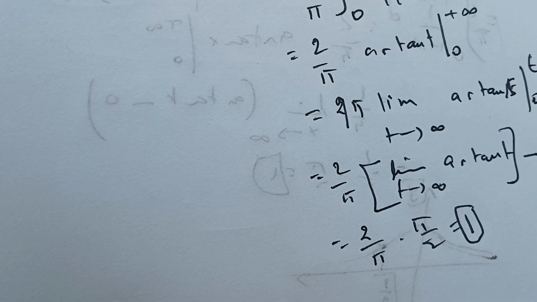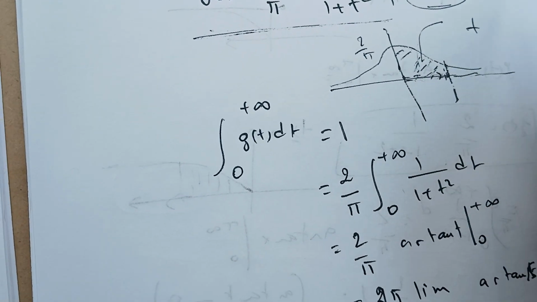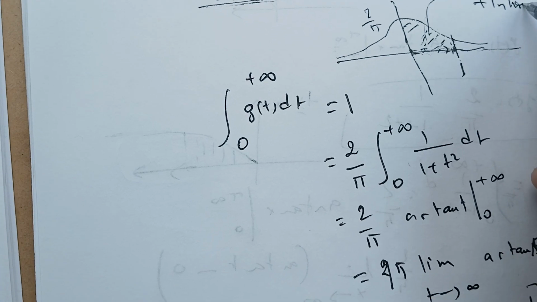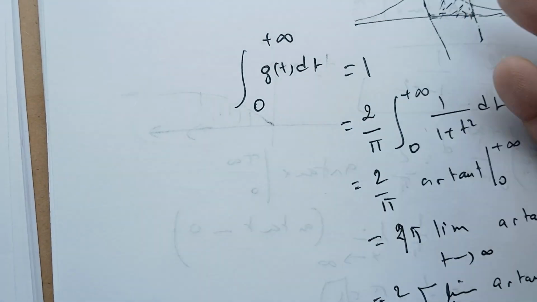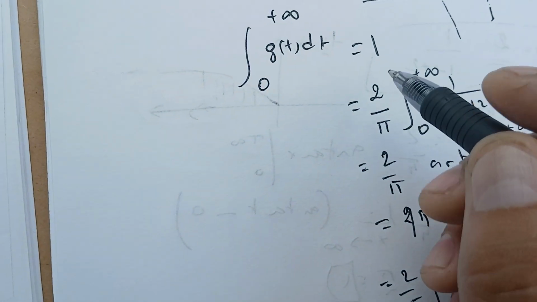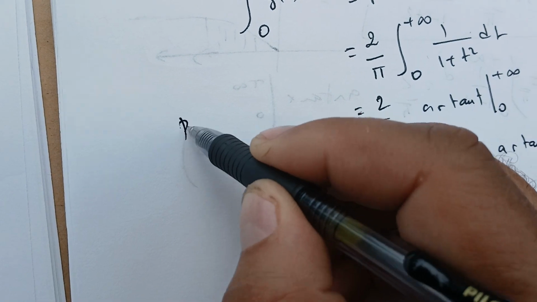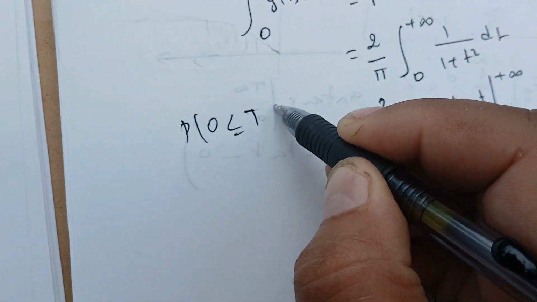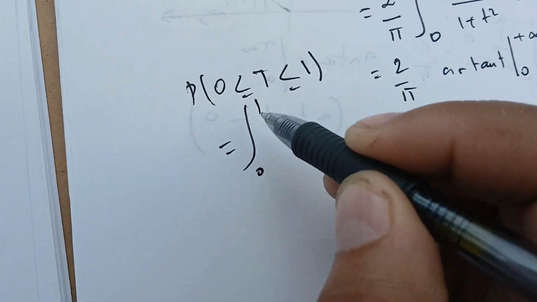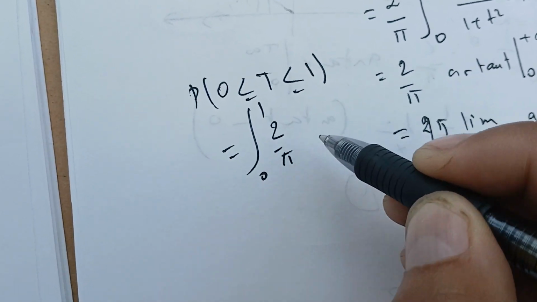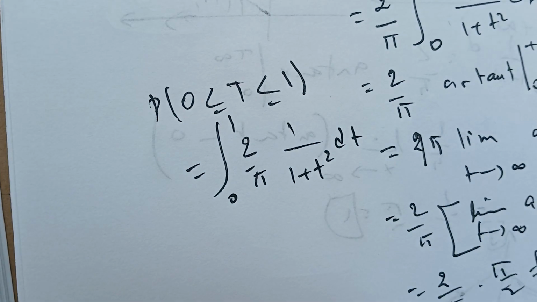And my question is, if we assume t is in hours, what is the probability that I will be waiting no more than 1 hour? I'll be in this interval. So I need to compute the integral between 0 and 1 of 2 over pi times 1 over 1 plus t squared dt.